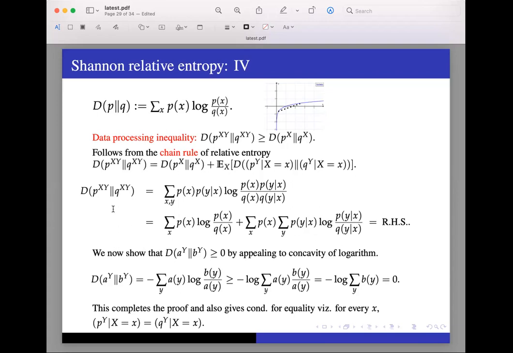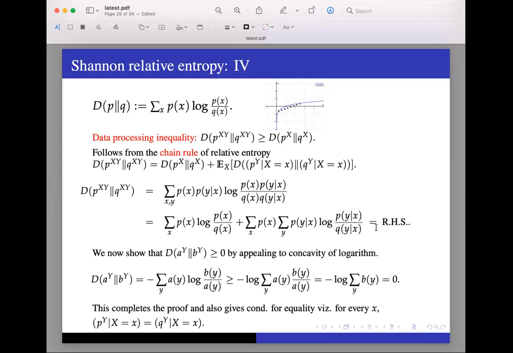It's easy to prove just from the definition. So the left-hand side is this quantity. Normally I would have written it as P(x,y) log P(x,y) divided by Q(x,y), but I'm writing P(x,y) as this product expression, marginal on x times the conditional. Similarly for Q. So now I can just break it up into something like this.